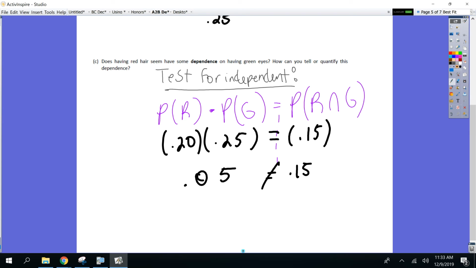Not equal? Now, be careful. Think about this when I ask this, please. Do they depend on each other? Yes. What did we just prove? They're not independent. We just proved those two are not separate from each other. So yes, having green eyes depends on having red hair. Somewhat.